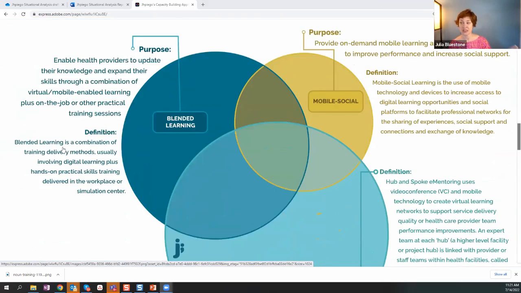Our definition is combining methods, but that it does include some type of digital learning plus some type of hands-on practice or training. And this definition, I'm happy to say, is consistent with the WHO Digital Education for Health Worker guidelines that came out in 2020. So you're going to hear blended learning talked about a million different ways, but this is how we're defining it within our organization.